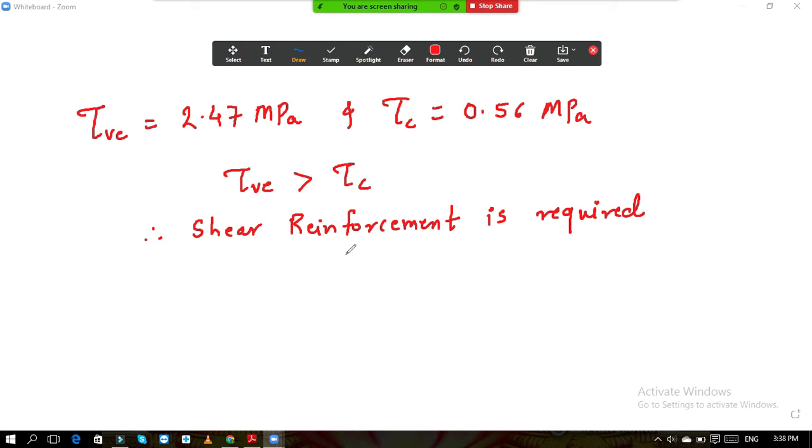Now for that purpose, what we need to do, we will decide the two-legged 10 mm diameter stirrups, and then we will find out the spacing of the stirrup.